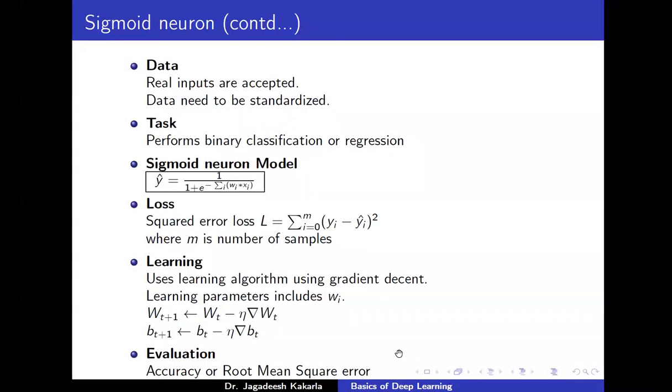Already I have discussed that it takes the data as real data and the data needs to be standardized. But one thing we can do here is binary classification, and also we can do regression. I will tell you one simple example.